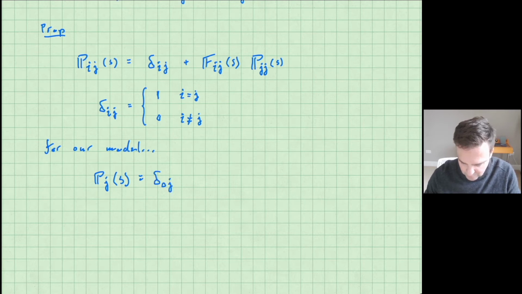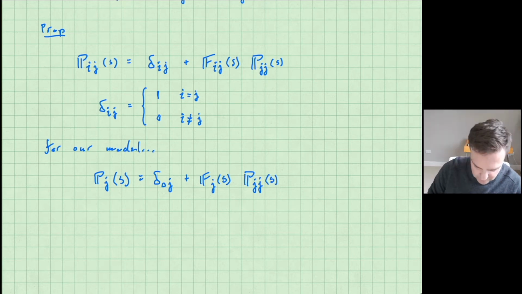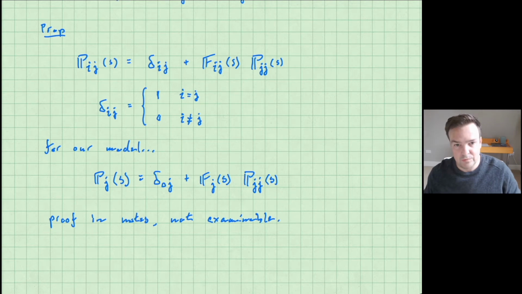So this term is 0 unless j is actually equal to 0. And this one keeps both indices. Okay. Now again, the proof is in the notes, and it's not examinable. But it's kind of a fun proof. You might like looking at it.